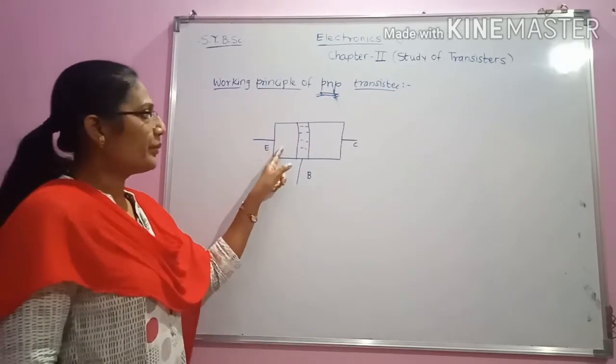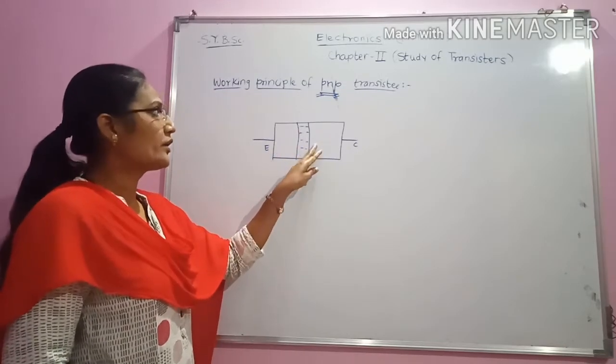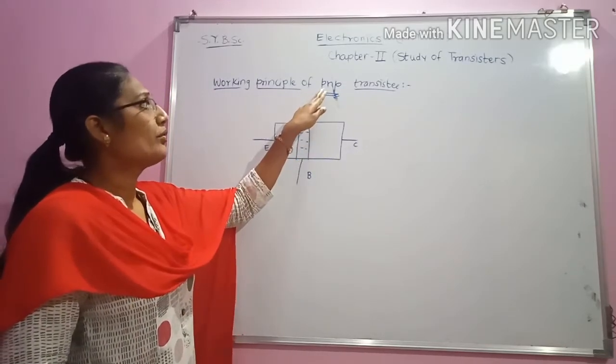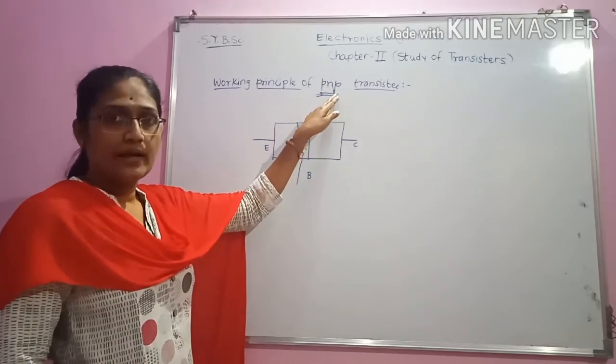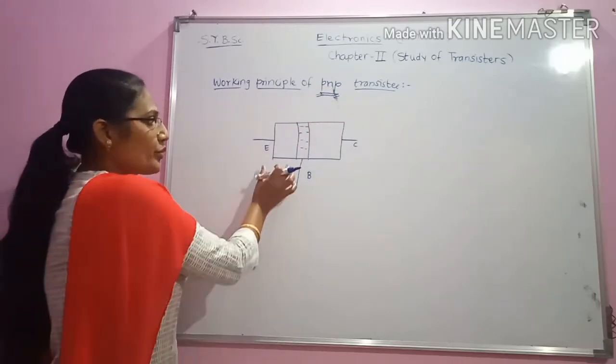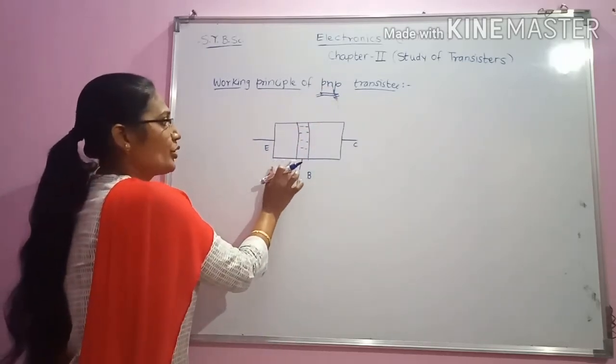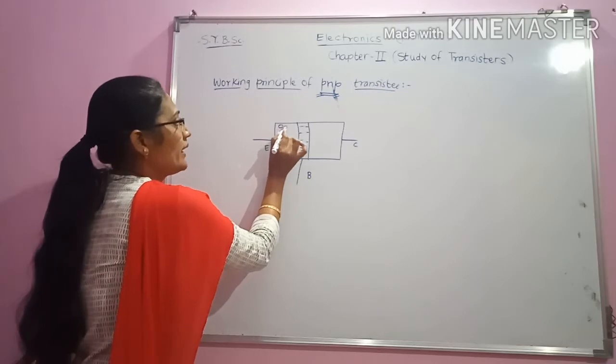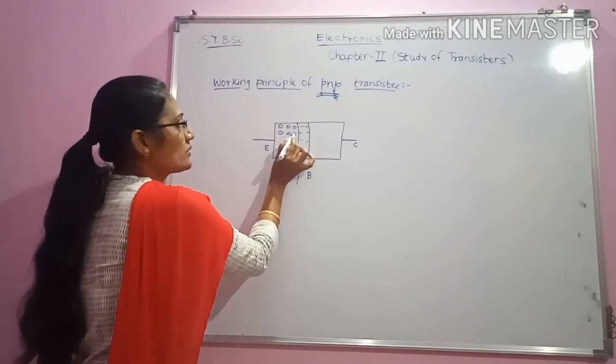The emitter and collector portions are made up of P type material, and therefore the emitter portion consists of majority charge carriers, which are nothing but holes.